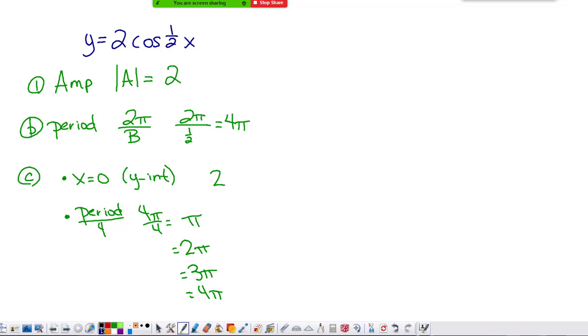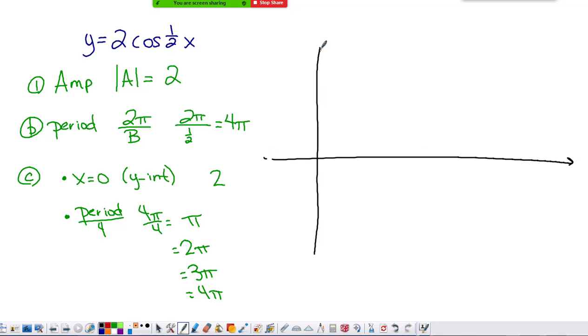Now we can draw our little xy axes, our coordinate plane. We're going to end at 4 pi. Half of 4 pi is 2 pi. Half of 2 pi is pi. And 3 pi. We've got 1, 2, -1, -2.